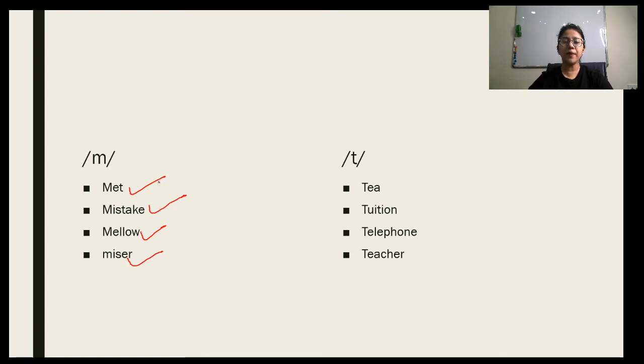B, m. So met, mistake, mellow, miser. Girls, can you give me two more words with m? Let's see if you've got two more words with m. So we do not have a response in m.